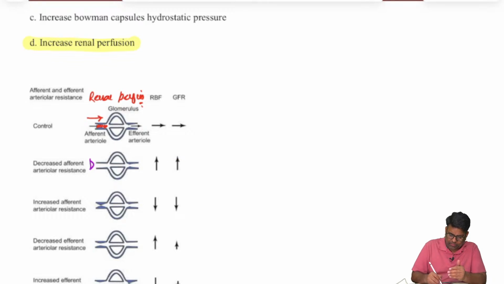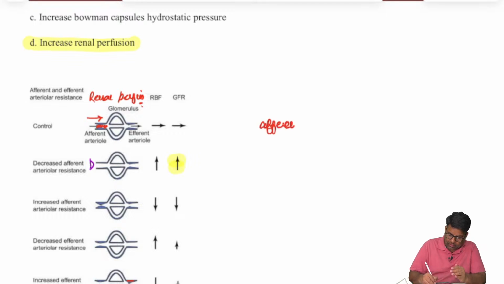Similarly, if there is efferent arteriolar vasoconstriction, so if we see here, this is efferent arteriolar constriction, that will increase the GFR, right? So that will also increase the GFR.